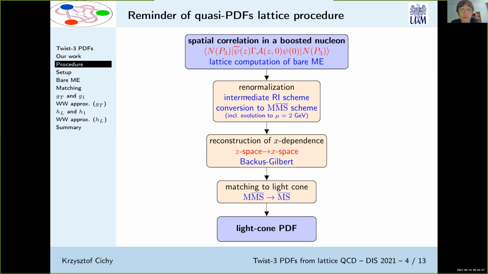For this, we use an intermediate RI-MOM scheme, and we also convert to another intermediate scheme, which is a modification of the MS bar scheme. Then these renormalized matrix elements can be used to reconstruct the x-dependence of your quasi-distribution. And from this quasi-distribution, you can perform the matching procedure to go to your desired light cone PDF.